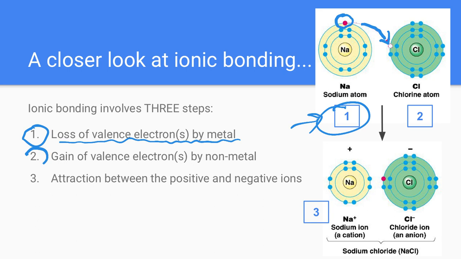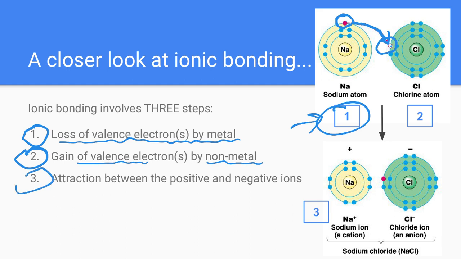And in step 2 then, the nonmetal is going to gain those valence electrons. And so if we take a look at the chlorine atom, it needs one valence electron in order to have a full valence shell. And so the electron goes from the sodium, the metal, to the chlorine, the nonmetal.